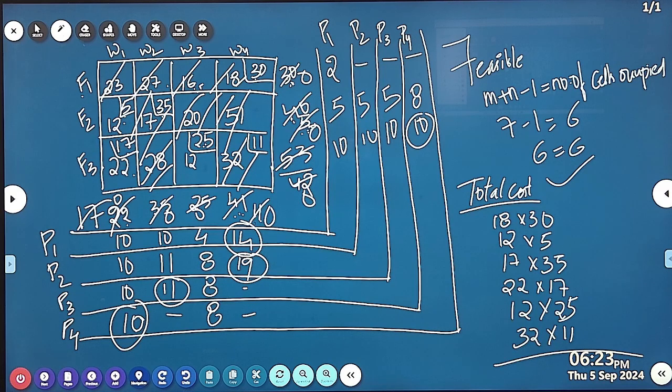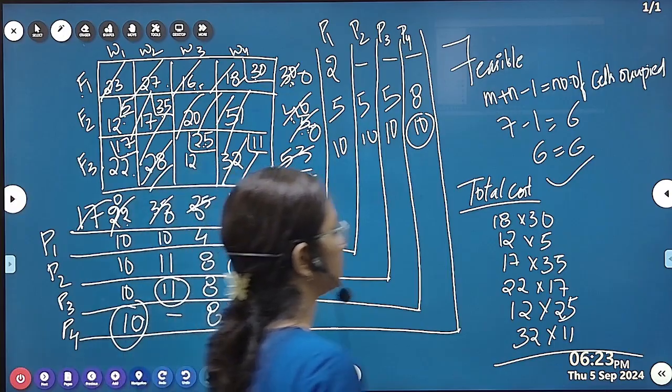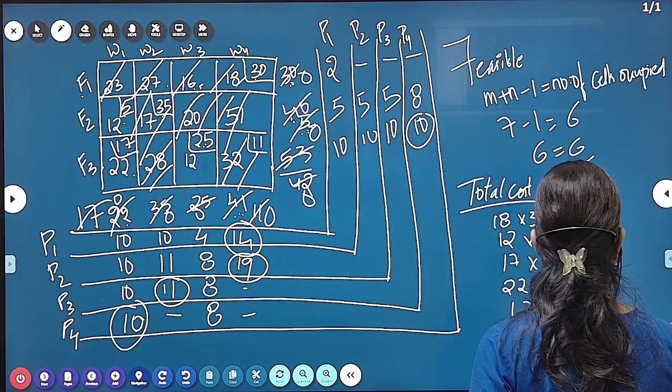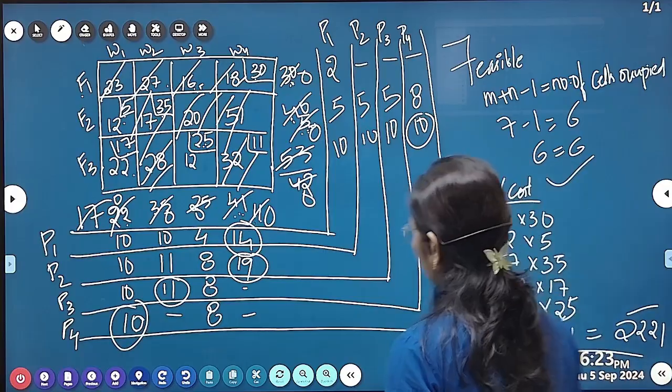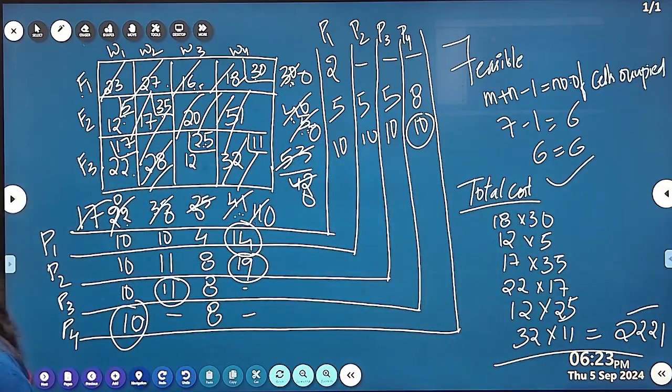And total cost 2221. Yes, 2221. 3221. Everyone got that? Triple ma'am. 2 1. Finished? Can I erase?